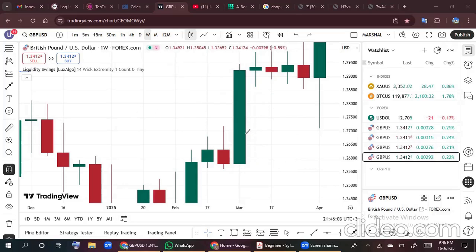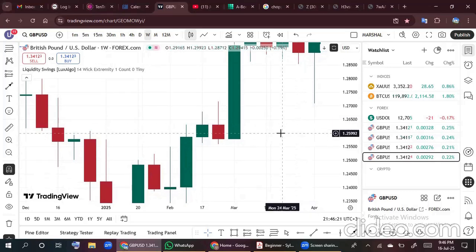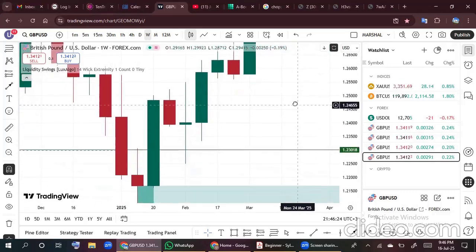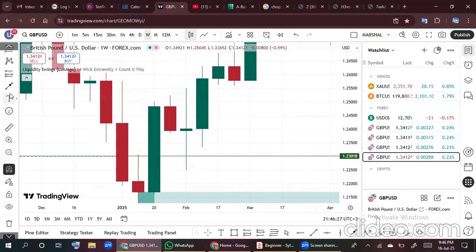Now, there is an explanation to the wick formation. Let's use this, for example. Let me shrink this a bit. From this candle, you will see that there is a very massive buying pressure up to this point.